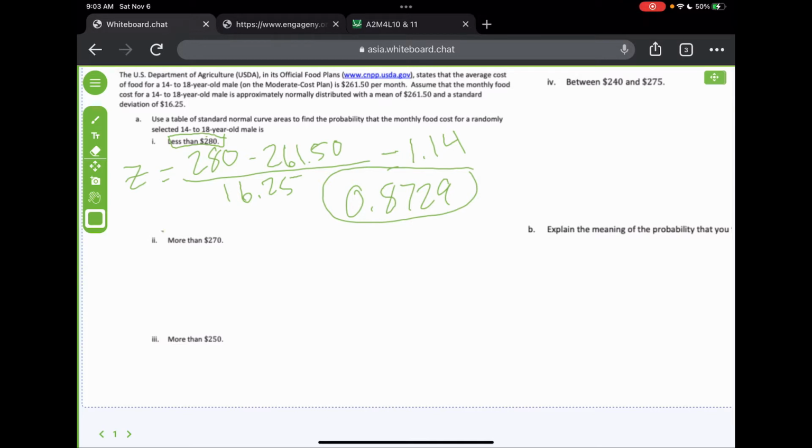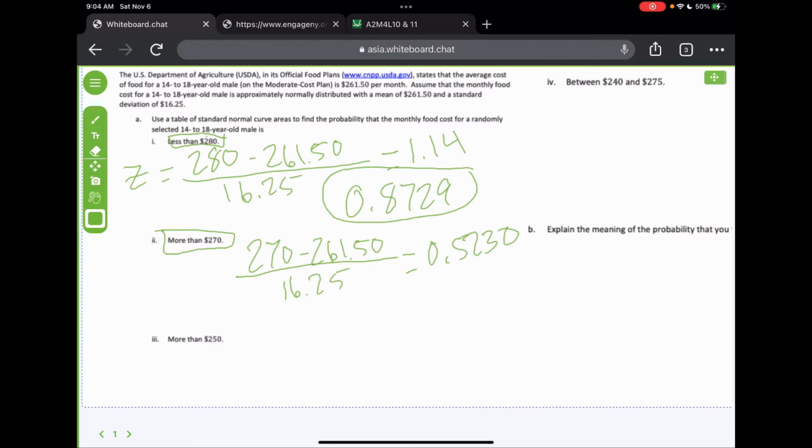Now we have something that says more than. Okay, so let's go ahead and just figure out the z-score that we're looking for. 270 minus $261.50 over 16.28. Our z-score is 0.5230. You should be able to calculate that.